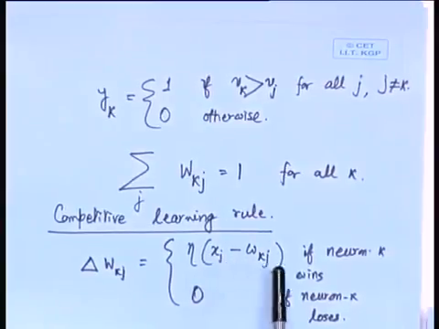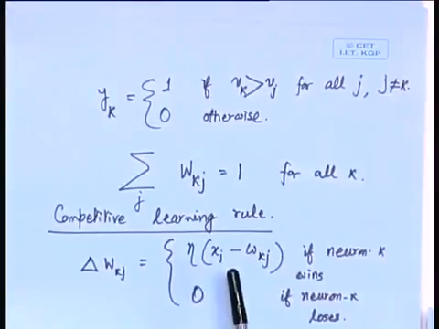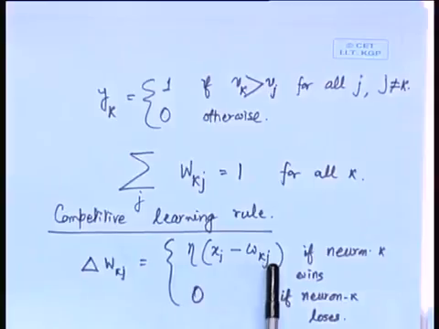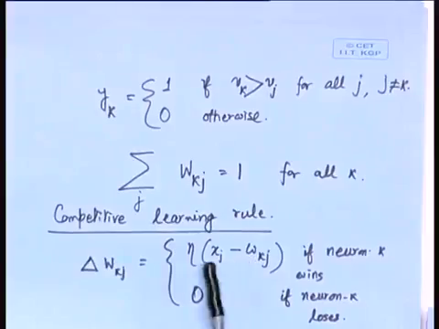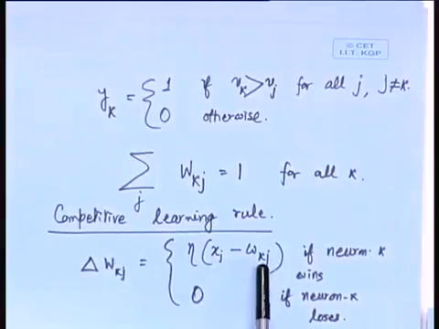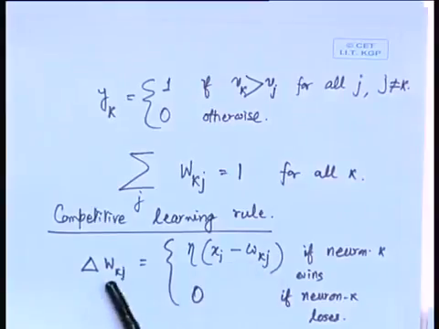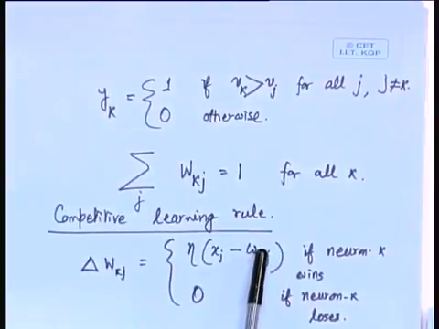Please follow my point. If you have Xj much greater than Wkj, then Xj minus Wkj is a large quantity, delta Wkj is large, and you are increasing Wkj.